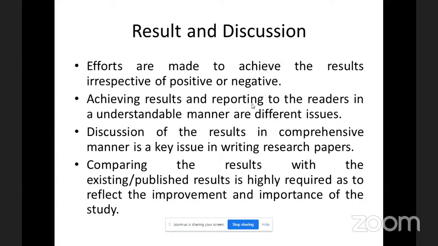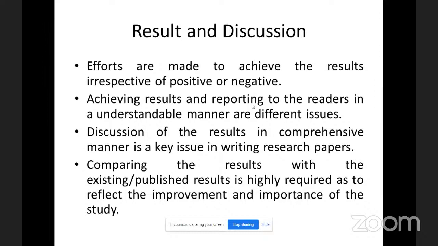Results should be concise, precise, clear, and self explaining. The word self explaining is very important. It means if I see any paper and the figure is self explaining, I don't require the text which you mentioned in the paper. You understand my point or not? Self explaining is a very important term here.